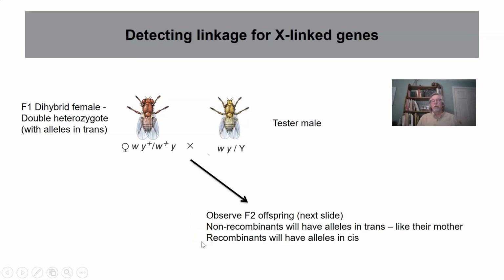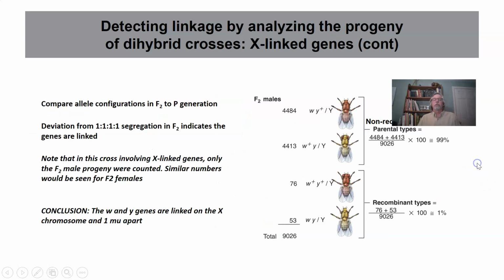The recombinants are going to be less common than the non-recombinants. And the recombinants will have alleles in cis, because there's been a crossover between these two chromosomes. They'll either be W, Y, both mutant alleles, or W plus, Y plus, both wild-type alleles. All right, so let's go on to the results, the F2 offspring of this dihybrid test cross.